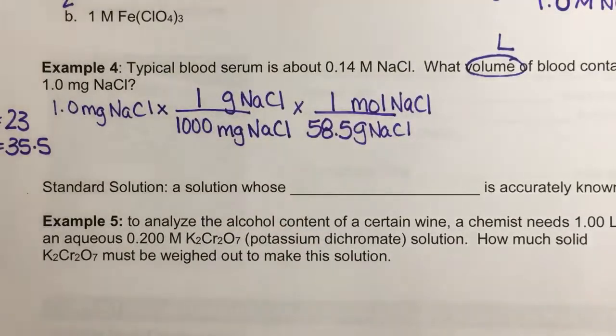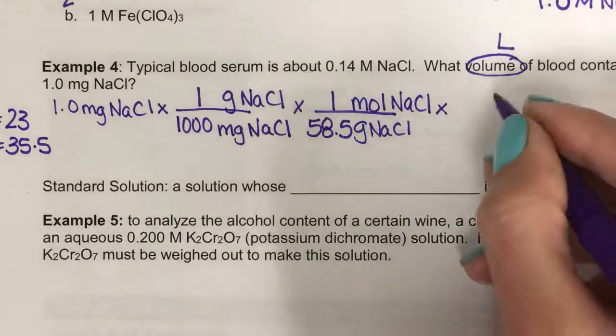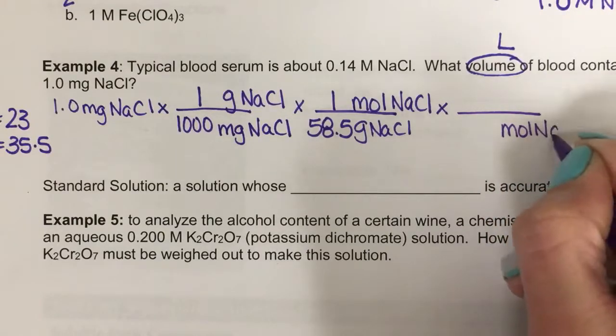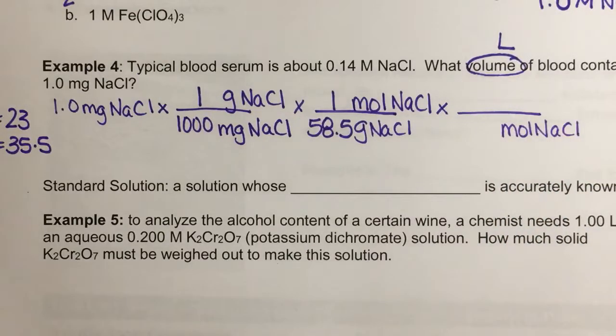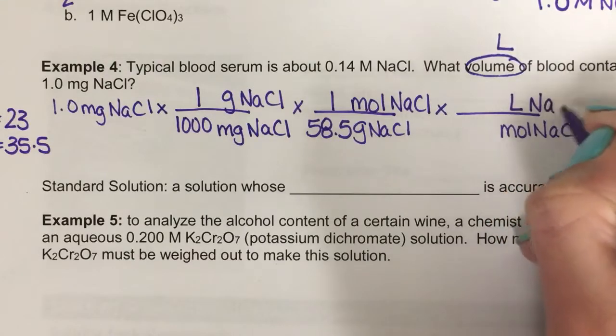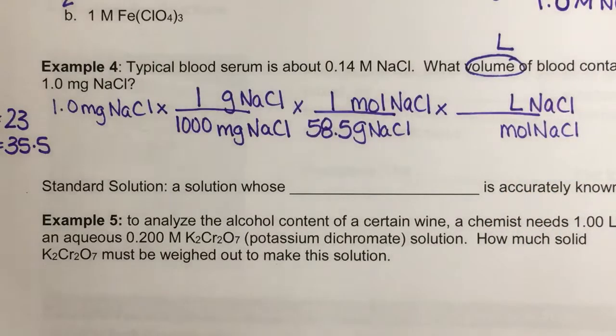Okay, so now is where it gets into new stuff. I want to get rid of moles, so I'm going to put moles on the bottom. Instead of moles, I want to find out about the volume. I want to find out about liters. This is where molarity comes into play.